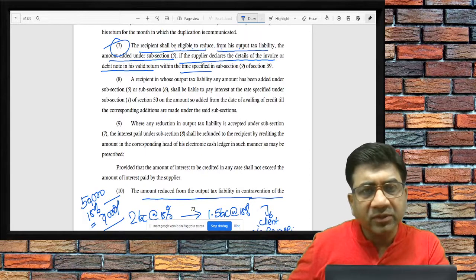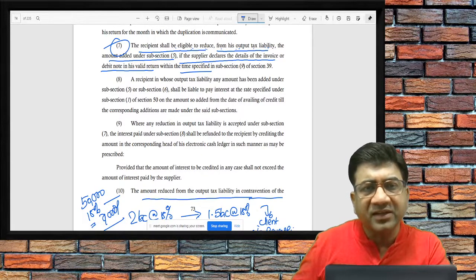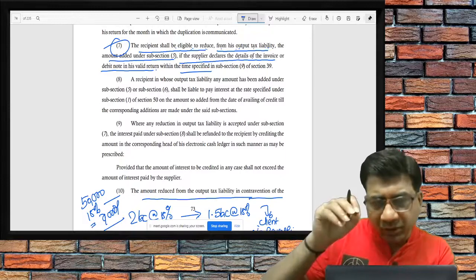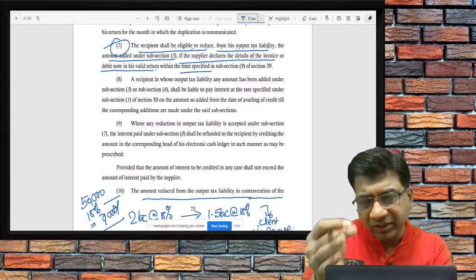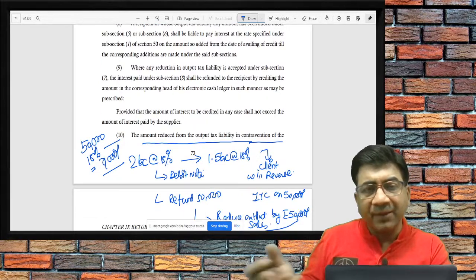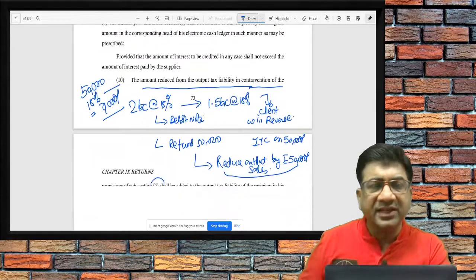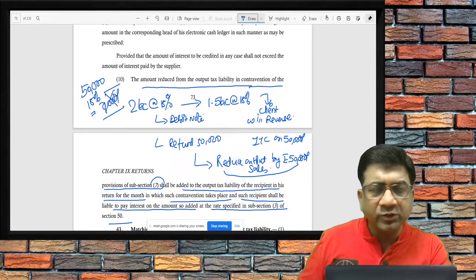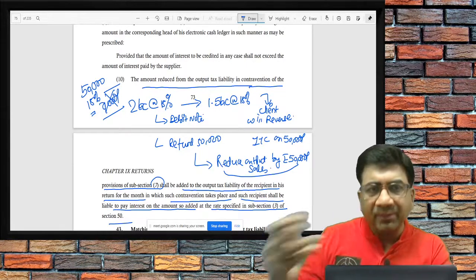So the recipient shall be eligible to reduce from the output tax liability the amount added under subsection 5 if the supplier declares the details of the invoice or debit note in valid return. We don't need to go into every detail. Grasp the concept: you reduced your output tax too much, 90,000 instead of 9,000. So you have to pay back.